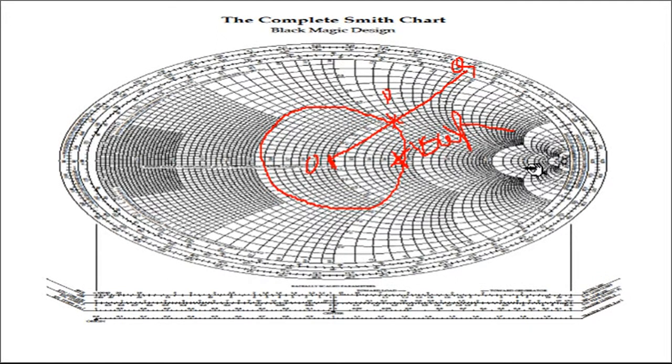When I start traveling from the center towards this point, the values are increasing: 1.2, 1.4, 1.6, 1.8, 1.9, 2.1. It is somewhere between 2 and 2.2. So let's say the standing wave ratio has a value of 2.1 or 2.2, perfectly okay. This is the answer of our second bit.